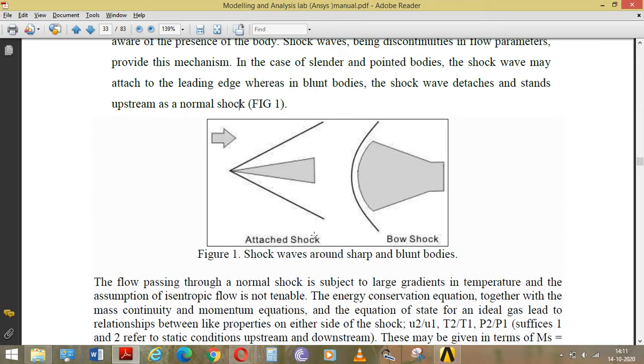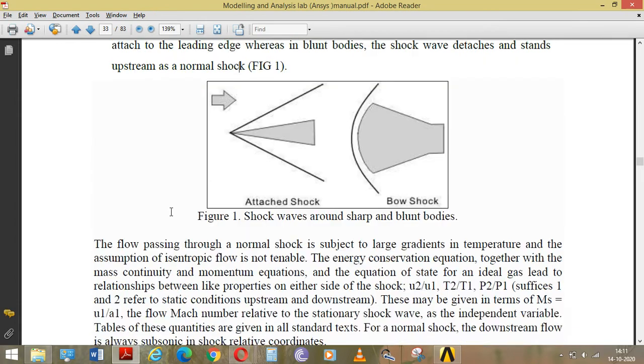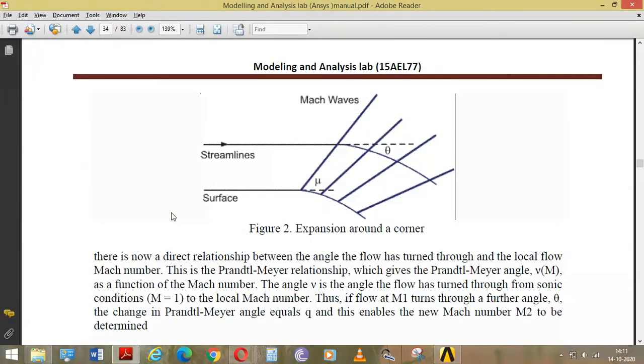But the opposite happens when the same supersonic flow happens over diverging bodies, that is, over diverging passages. Supersonic flow over diverging passages tends to expand further. The Mach number increases further when the supersonic flow happens over diverging sections or diverging passages.